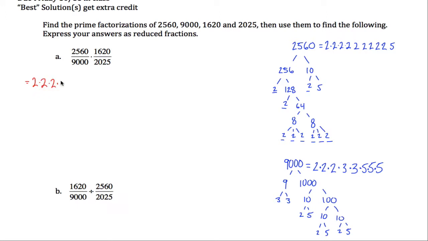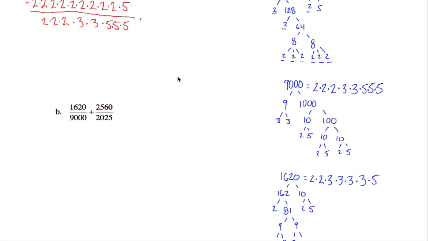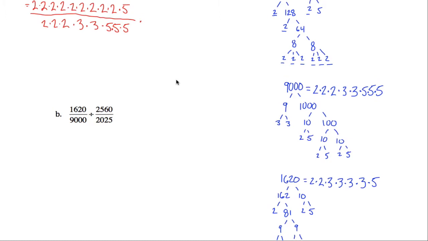I really wish I had chosen smaller numbers, both for your benefit and for mine. 9 of them, 1, 2, 3, 4, 5, 6, 7, 8, 9 times 5. 9,000 was 2 times 2 times 2 times 3 times 3 times 5 times 5 times 5. 1620, figured out was 2 2's, 4 3's, and a 5.